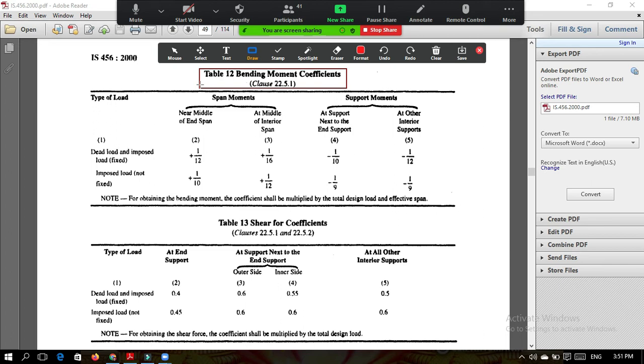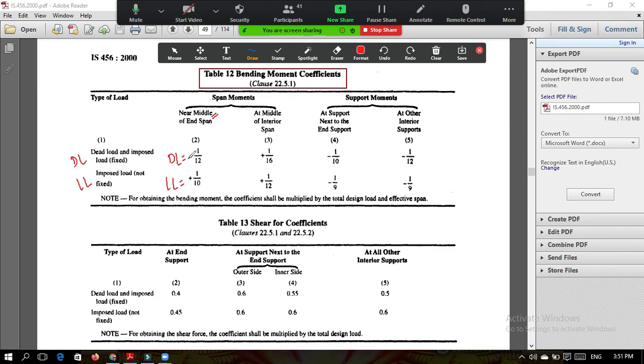Here these are the coefficients for dead load, and here are the coefficients for live load. Near middle of end span, the dead load coefficient is plus 1 by 12, and the live load coefficient is plus 1 by 10.